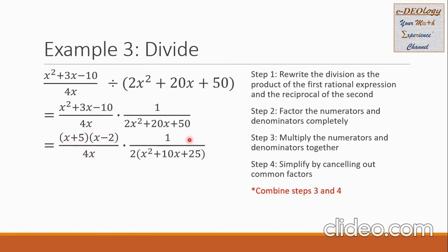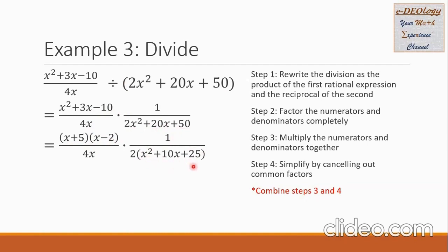In the second rational expression, the number 1 is there in the numerator. In the trinomial here, there is a greatest common factor of 2. We put it outside. What remains in the first term will be x squared, in the second term 10x, and in the third term 25.